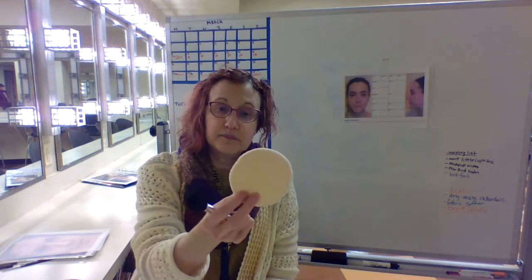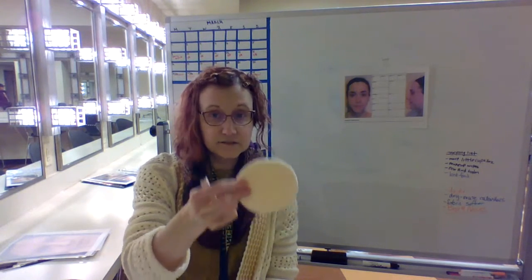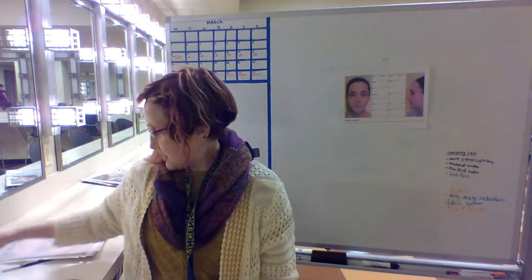Now, the other thing that you might include, I mentioned applicators and a brush and tools for putting on your powder or setting powder over your makeup. There's a couple of other things you might include.